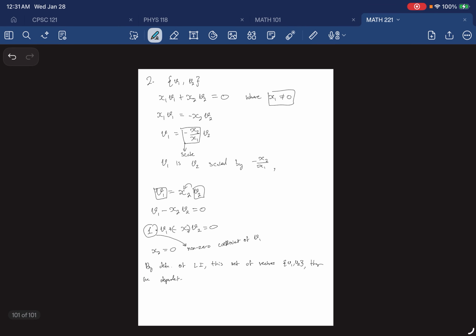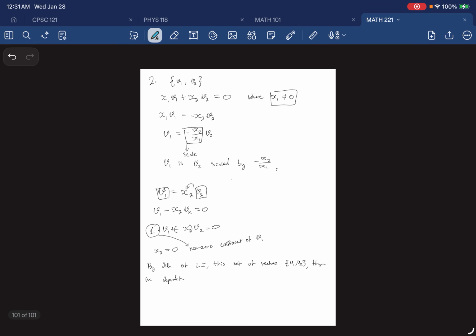All right, perfect. So we proved it both ways, right? The first one, we were proving that if v1 and v2 are dependent, then they are scales.